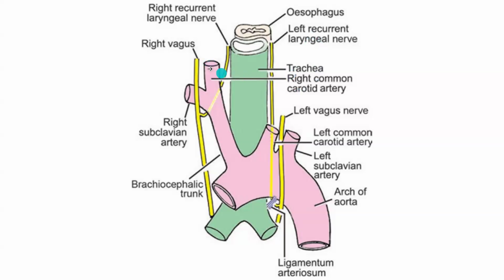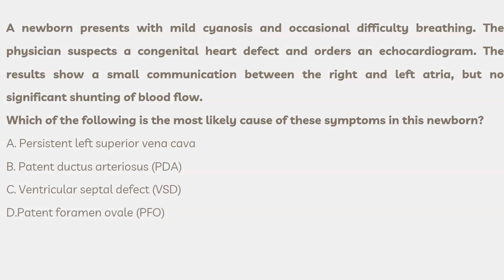Moving on, the right recurrent laryngeal nerve wraps around the right subclavian artery. They treat it as a low yield question, but I'm sure that it came last year for us. So just remember that it does not hook around the ligamentum arteriosum, it hooks around the right subclavian artery. Let's move on.